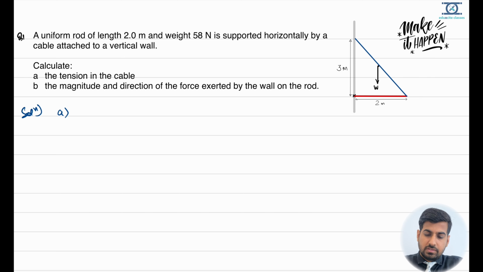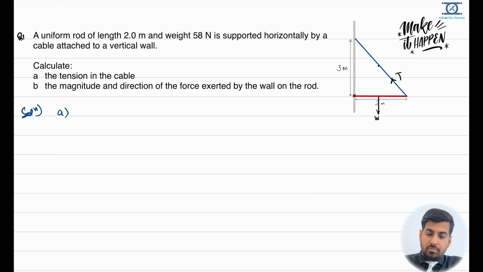Because this is the cable, so the rod will be like this. The weight of the rod will be acting over this and the tension in the cable will be in this direction.